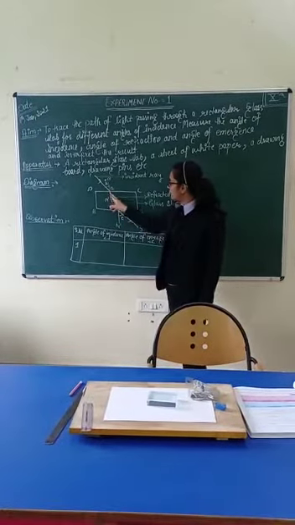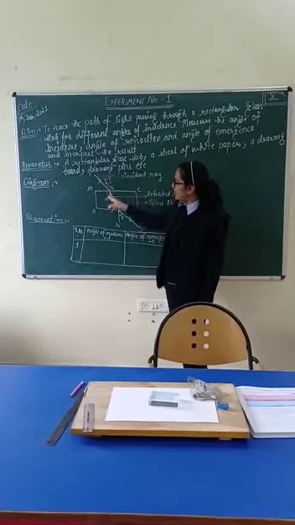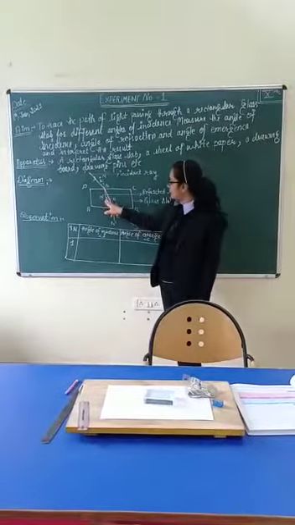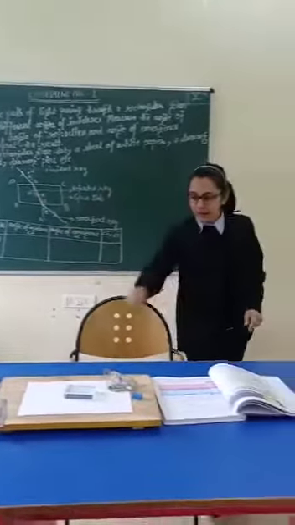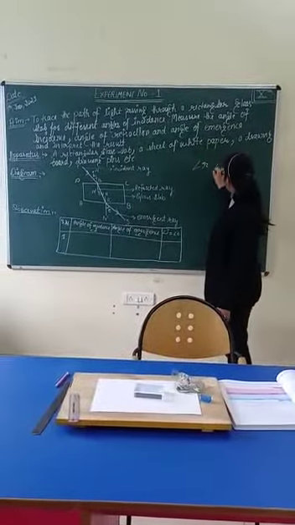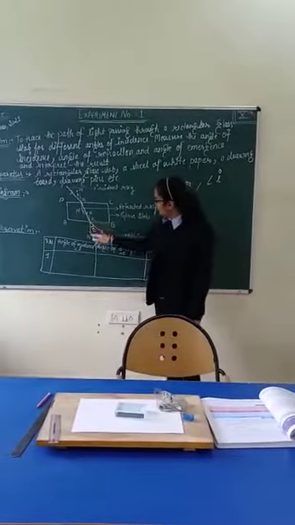The angle between the refracted ray QR and the normal MM prime is known as the angle of refraction, denoted by angle r. Angle i is the angle of incidence.